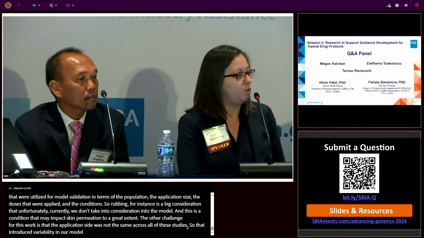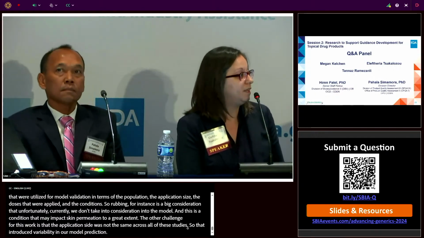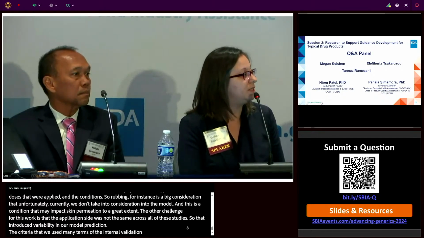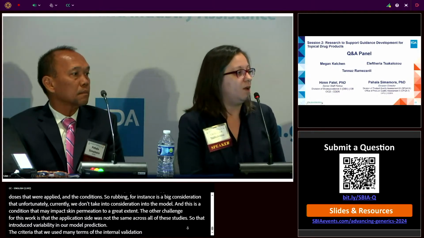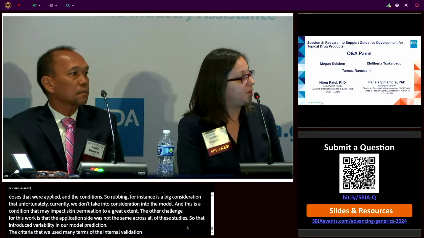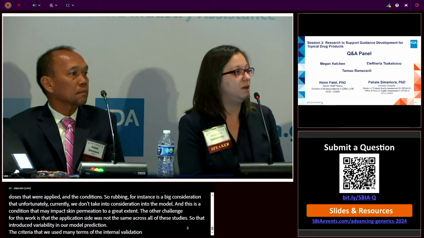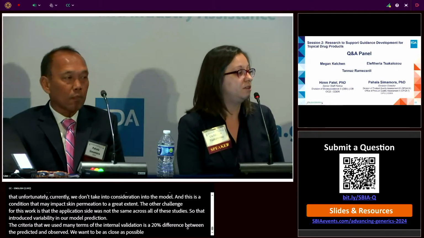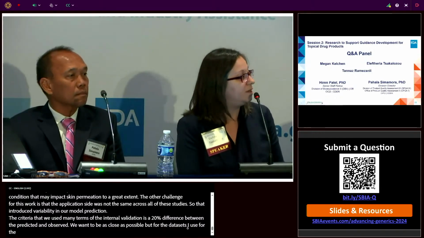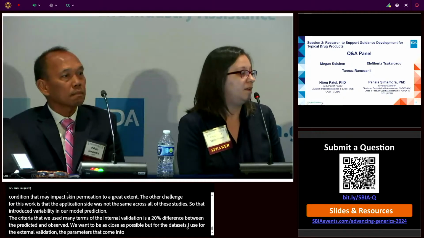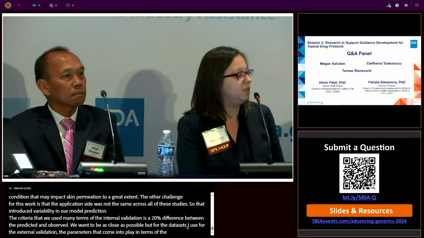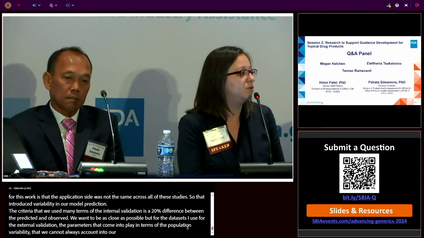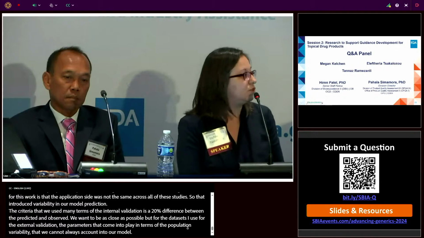The criteria that we used for the internal validation is a 20% difference between the predicted and the observed. We want to be as close as possible when it comes to the internal validation, but for data sets that are used for external validation, there are parameters that come into play in terms of population variability that we cannot always account for in our model, and that leads to the model performance that you saw here.